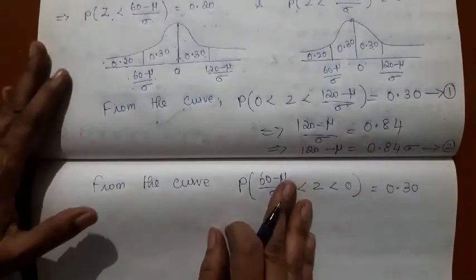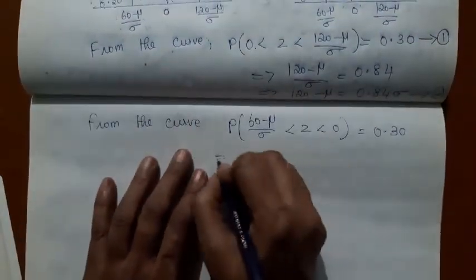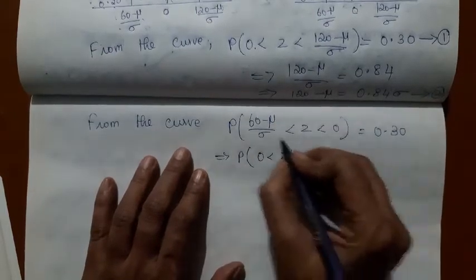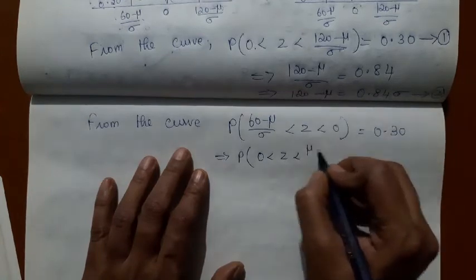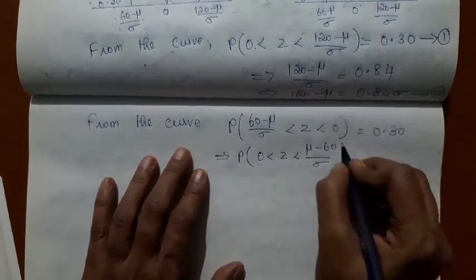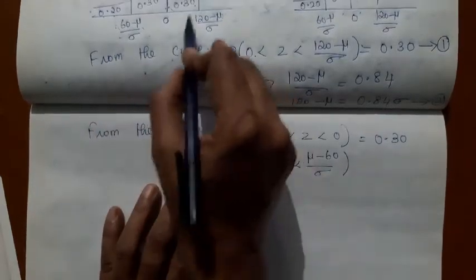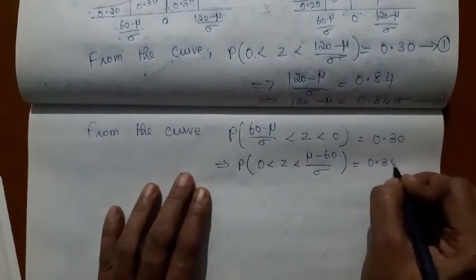But you can make use of this table only when the interval is 0 to something. So this can be written as the probability of 0 less than z less than (mu minus 60) by sigma, since 60 minus mu becomes its negative when it comes to the right, is equal to 0.30.